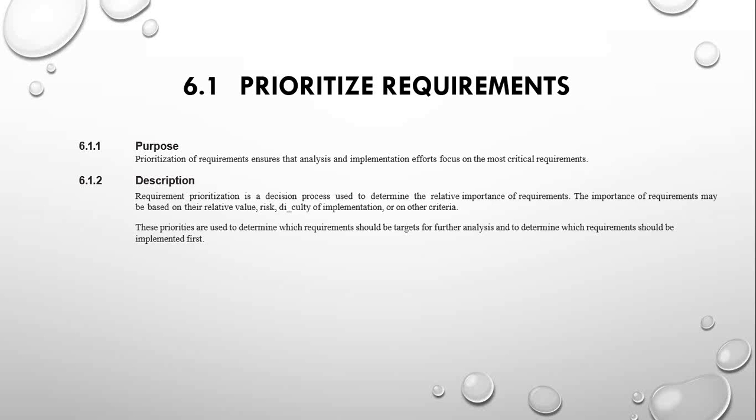Prioritization involves different things. The number one thing is you need to know the difficulty of implementation, how difficult it is to implement anything. Relative value means you can only say something is very useful and must be developed when you can identify the value addition it is going to make to the business.